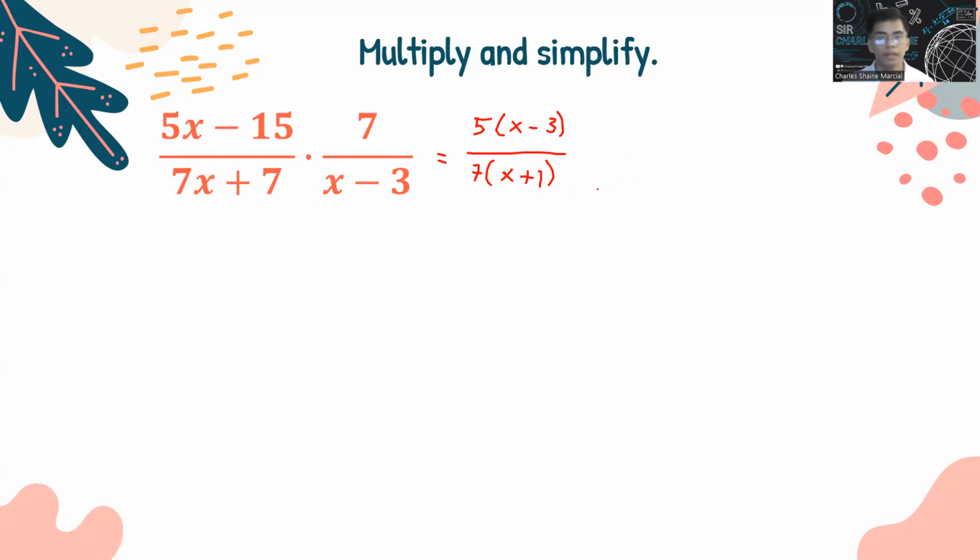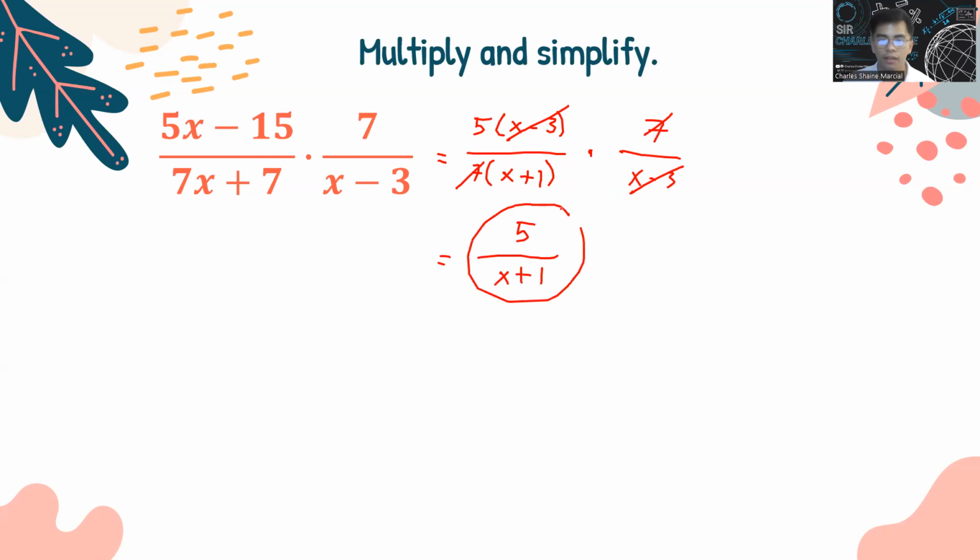Okay? So, 7 times 1 is 7. Times 7 over x minus 3. Now, pwede na tayong mag-cancel out ng common factors, yung x minus 3 from numerator and denominator, and also 7 from numerator and denominator. And then the remaining values are 5 over x plus 1. This is the final answer.